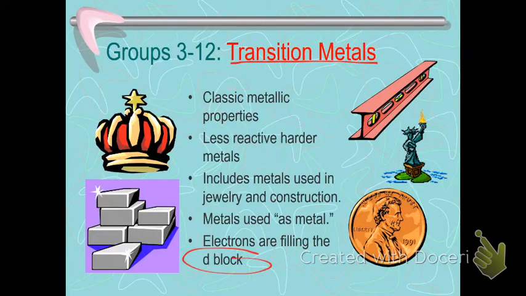They are less reactive than your group 1 metals and your group 2 metals, but a lot of them include your jewelry metals, such as gold and silver and platinum. And they're the ones we think of when we think of metals. For instance, iron is in there, and that would be used in construction.